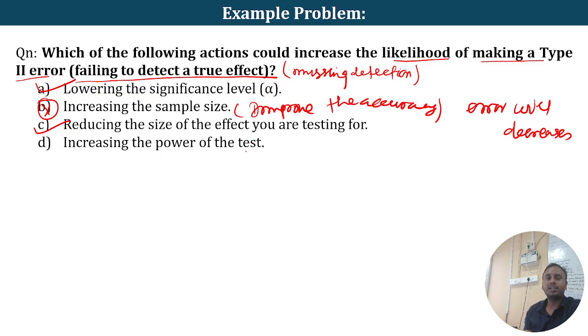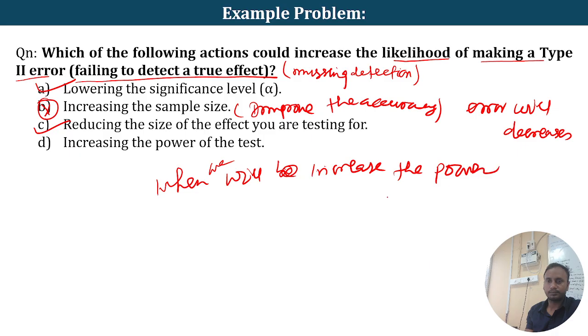Increasing the power of test. When we increase the power of test, the error will decrease. Okay, so that can't be the option.